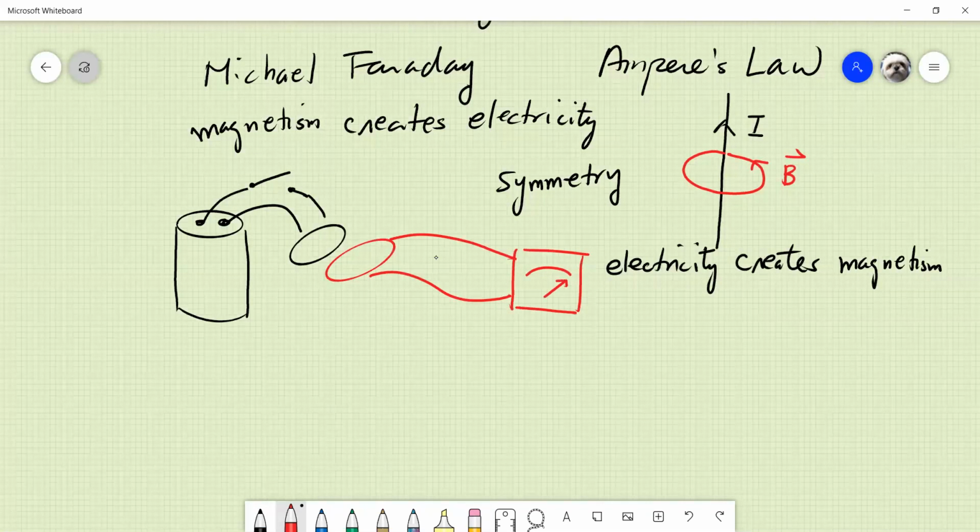Now, the idea of Faraday is that when I close the switch, I will have a current going through the coil. If current goes through the coil, you're going to create a magnetic field. That's the Ampere law.